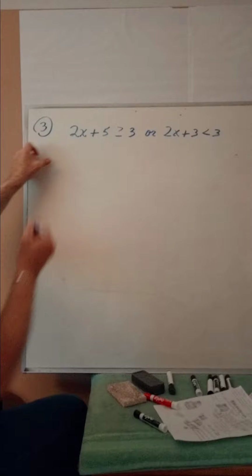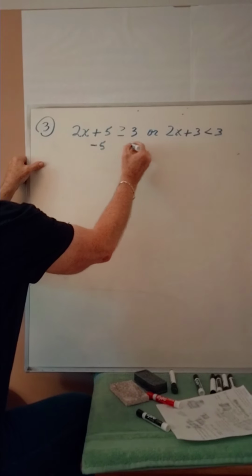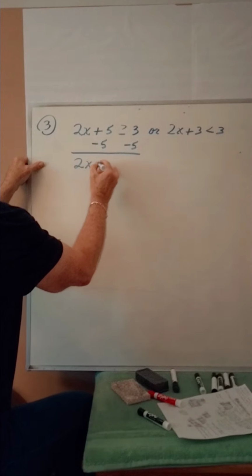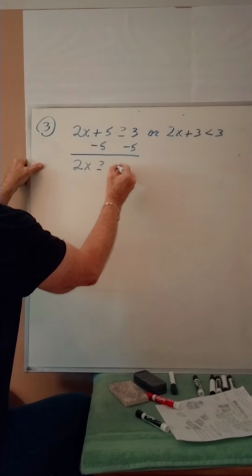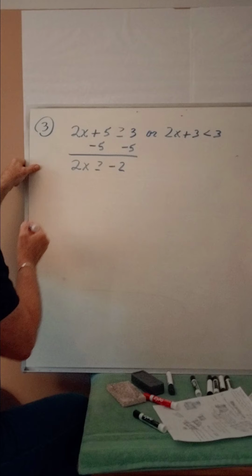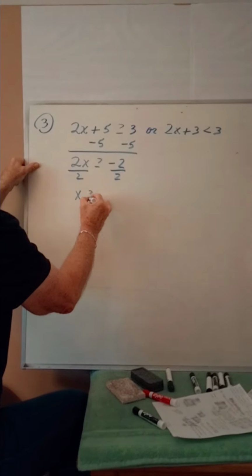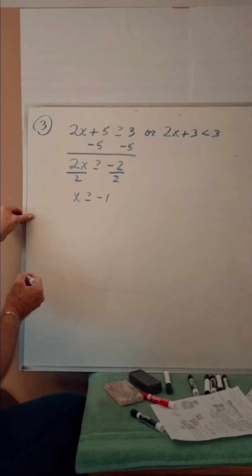Let's go to him. Negative 5. Negative 5. 2x is greater than or equal to negative 2. Over 2. Over 2. x is greater than or equal to negative 1.